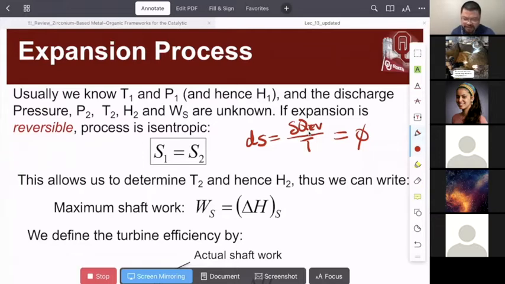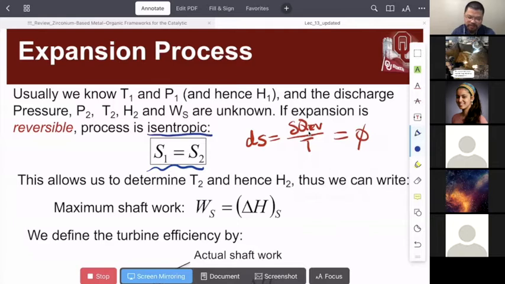If this is the case, then we can quickly come to the conclusion that the expansion or the process in the turbine is the so-called isentropic process, meaning the entropy would be exactly the same from the inlet to the outlet of the turbine.